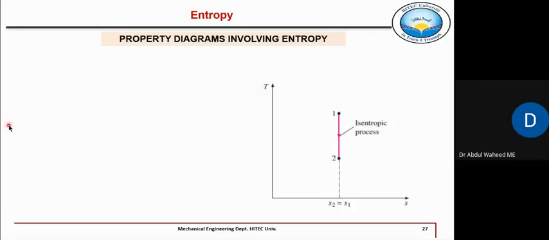There is another diagram which involves entropy, and that is HS diagram, जो हम thermo 2 में use करेंगे इसको, HS diagram, enthalpy versus entropy diagram, right? अगर isentropic process है, इस पे भी there will be a vertical line, और that isentropic process doesn't mean कि enthalpy change नहीं है. Enthalpy change हो रही है. That is, this vertical line represents enthalpy change, delta H. But if there are no heat transfers, there are no irreversibilities, then it is isentropic. Like a turbine.